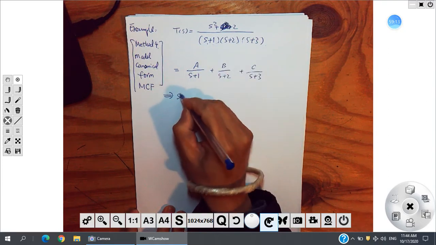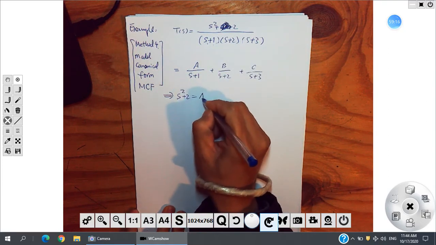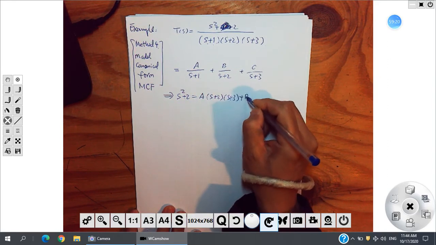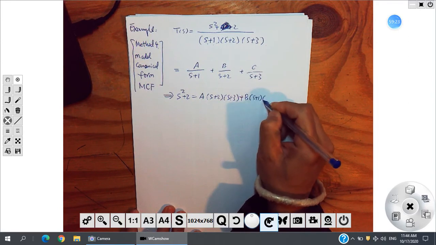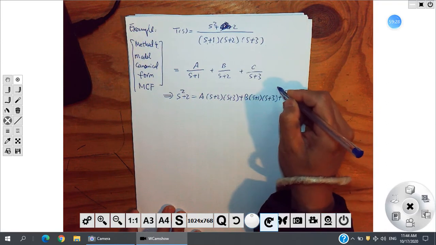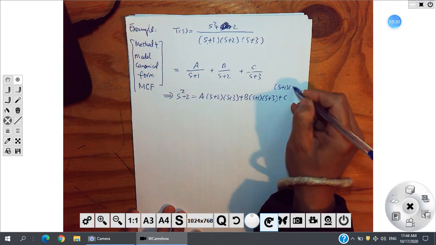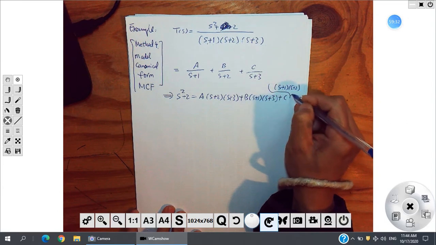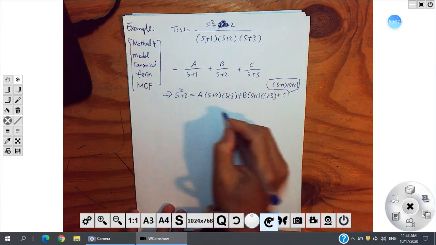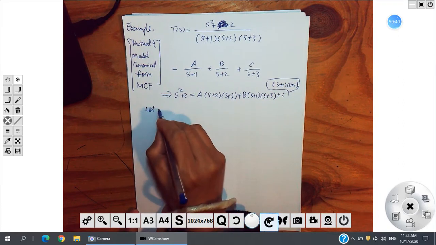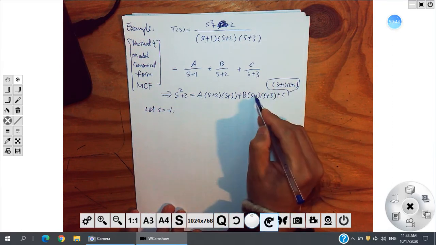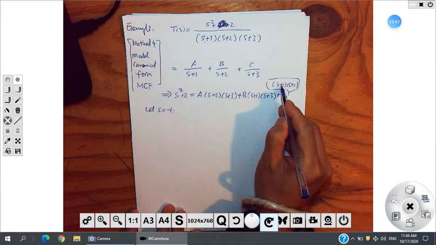We have S squared plus 2 equal to A times S plus 2 and S plus 3, plus B times S plus 1 and S plus 3, plus C times S plus 1 and S plus 2. Then let S equal to -1. Then these two terms will be 0.